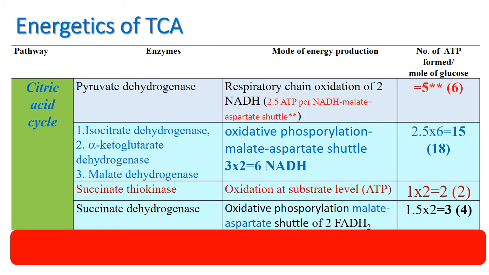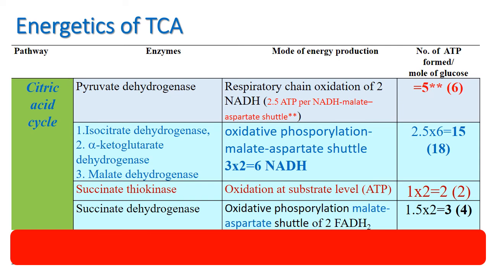Then there are the 3 steps within the citric acid cycle where there is a production of NADH. So if we calculate, in total there is a production of 6 NADH, and if each NADH gets oxidized through this malate aspartate shuttle, it will give 2.5 ATPs per NADH.